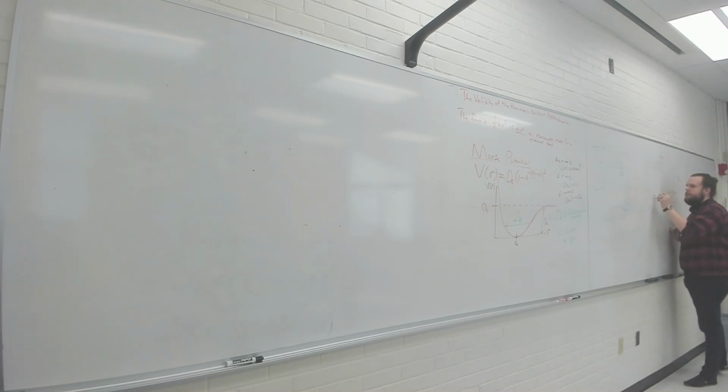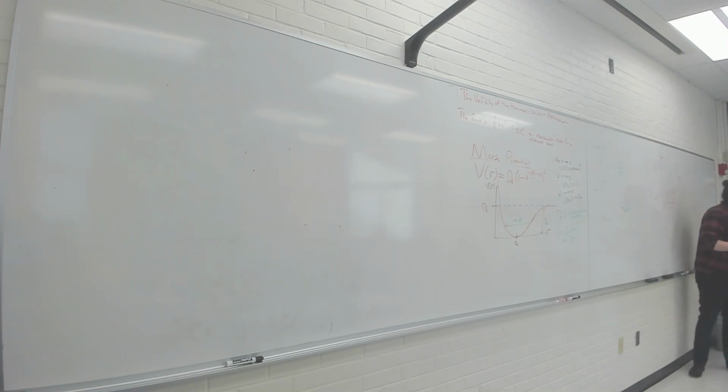We can see that in this region, around v equals 0, the harmonic oscillator and the Morse potential look almost exactly the same. They almost agree perfectly. The reason they don't agree perfectly there is because I can't draw properly.